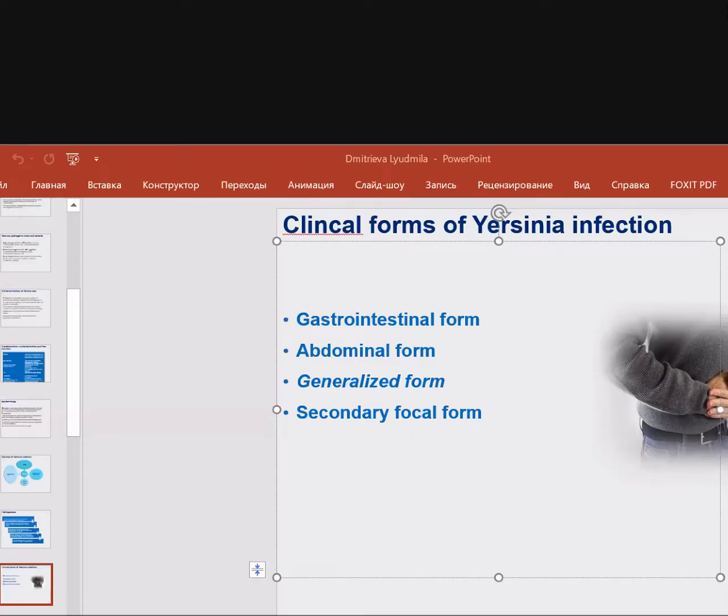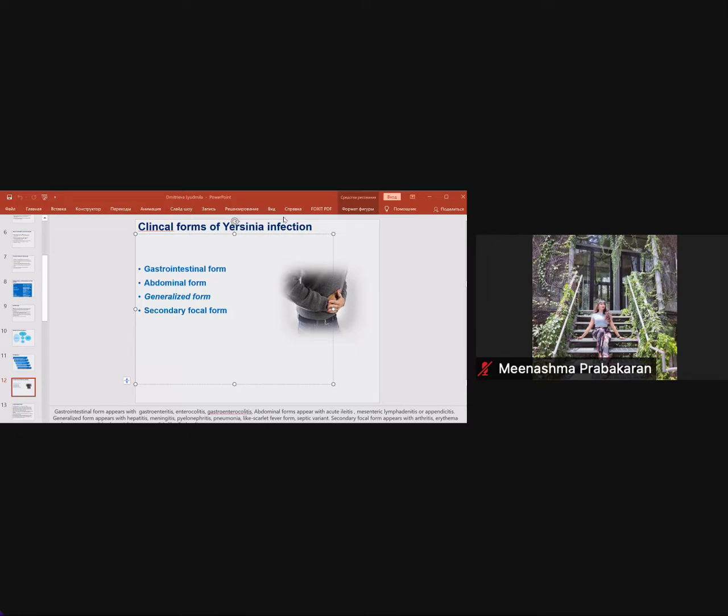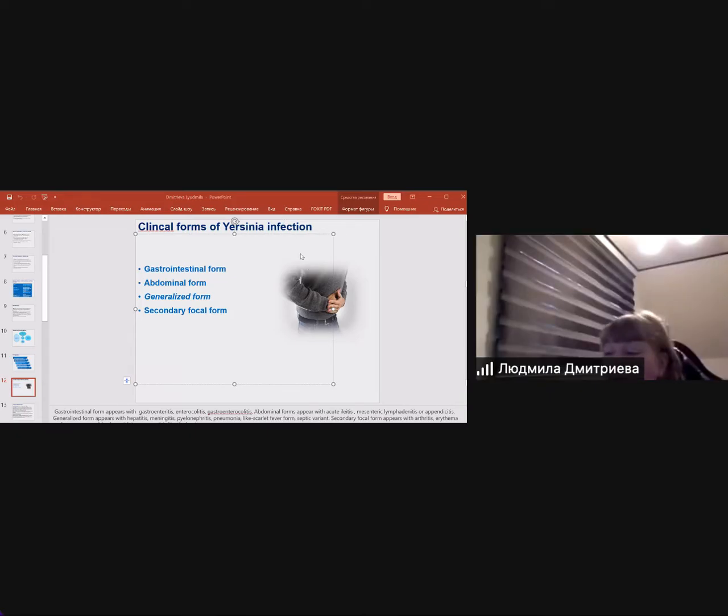Yes. Okay. And doctors, the first clinical form of yersiniosis is the gastrointestinal form, which belongs to the local forms.